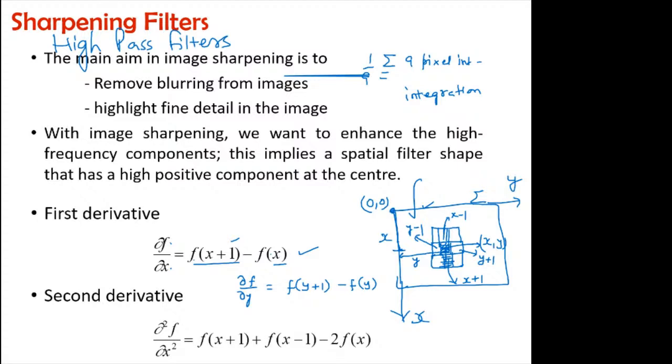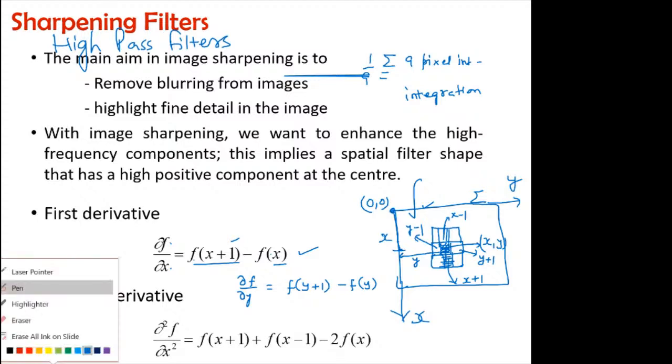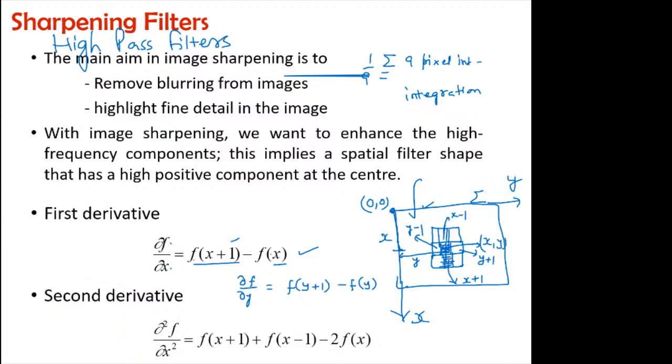That means जो top pixel है ये f(x plus 1) है, ये वाला पिक्सल f(x minus 1) है, इसकी इंटेंसिटी minus 2 times this, 2 times the center one. ठीक है ना? कोई प्रॉब्लम है क्या समझने में?